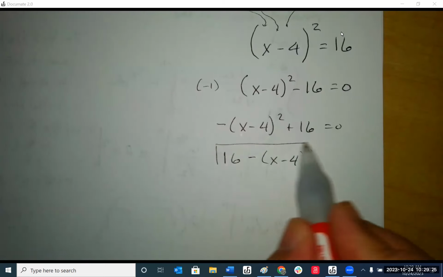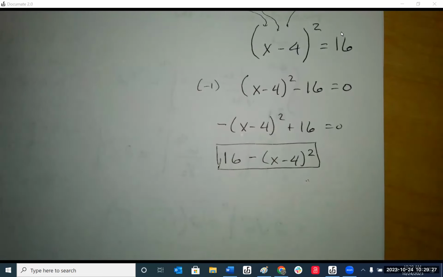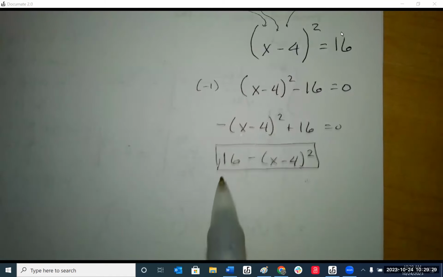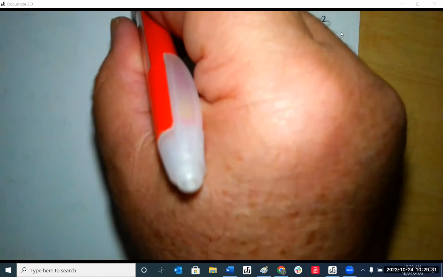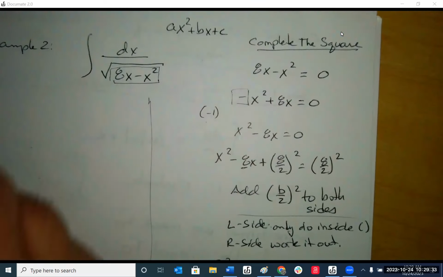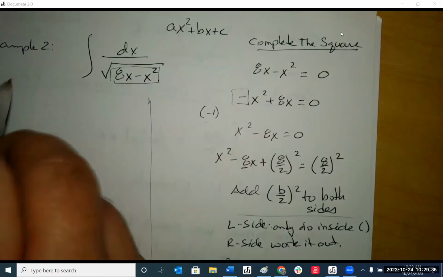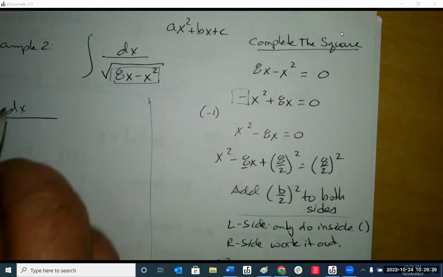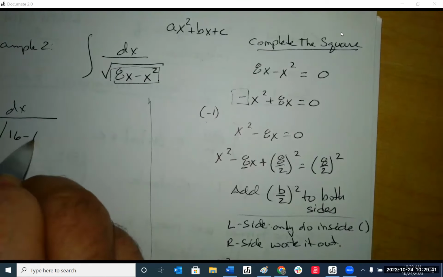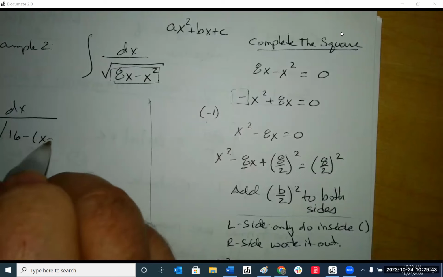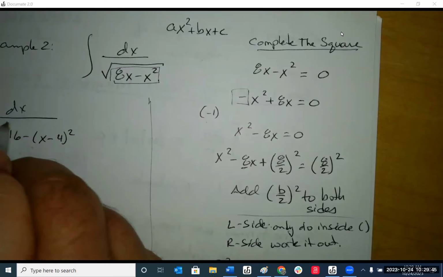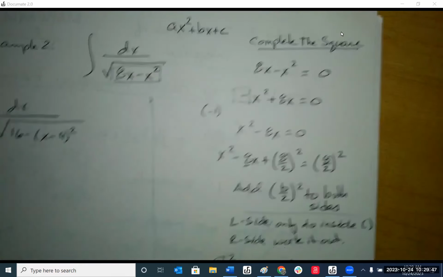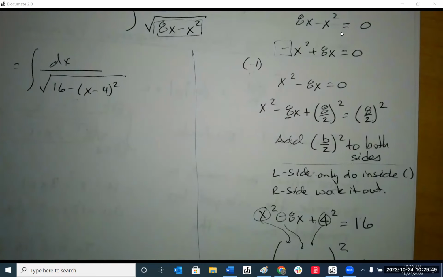So this whole thing goes in here: 16 minus x minus 4 squared. Okay.